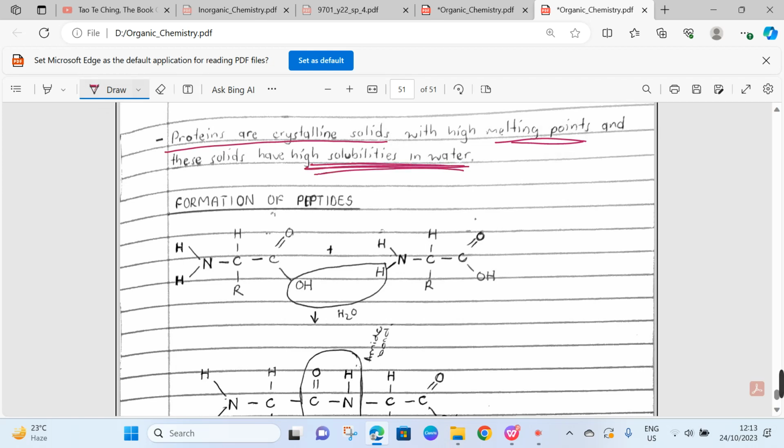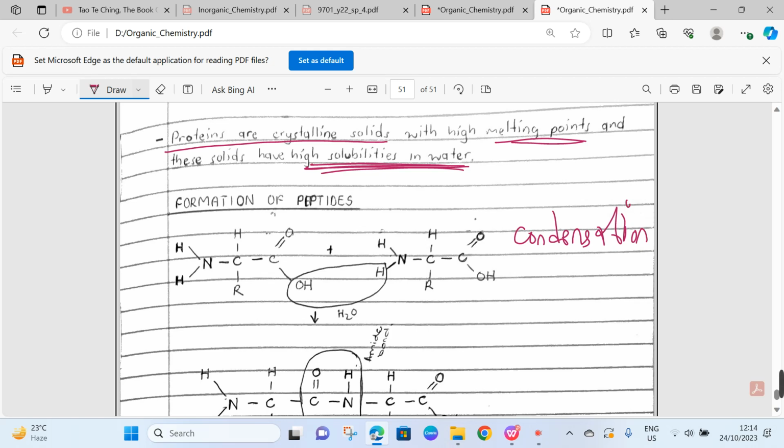In the next subheading, you are shown two amino acids coming together. This type of reaction is a condensation reaction. In my polymerization video, I'm going to touch more on this concept of condensation.